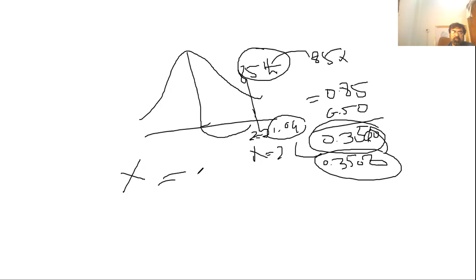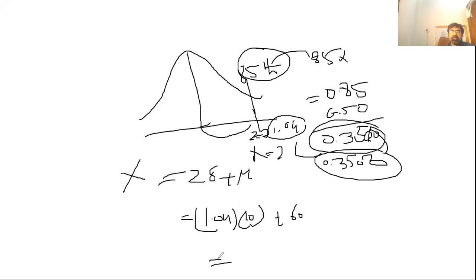So both will become 1.04. Putting these values in the formula, it becomes 1.04 into 10 plus 60, and that will become 10.4 plus 60.